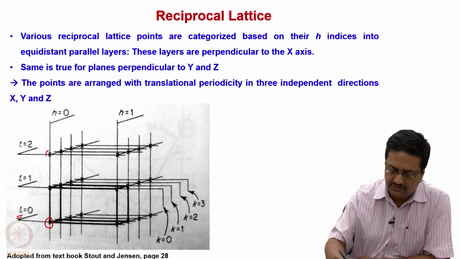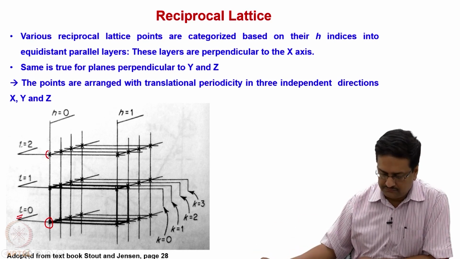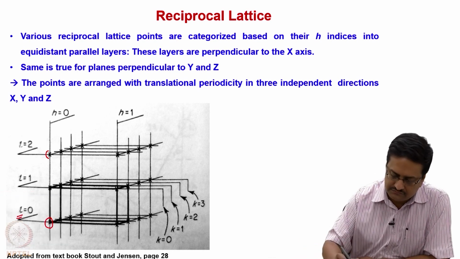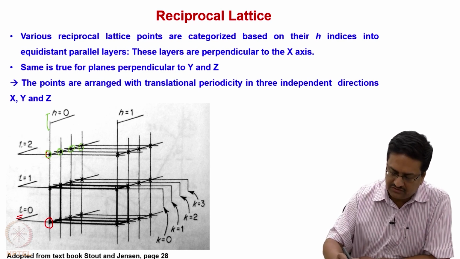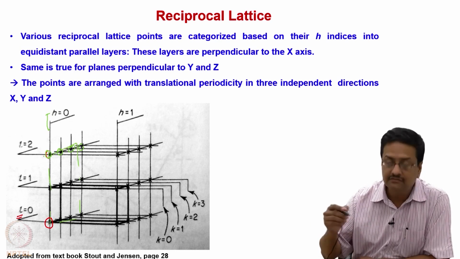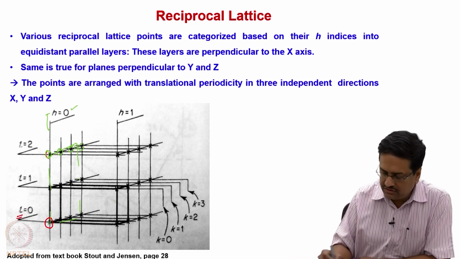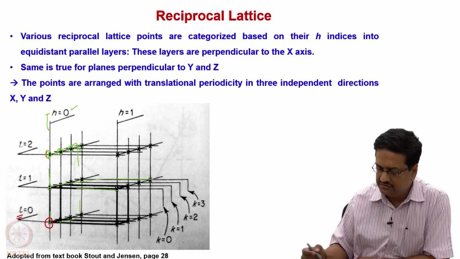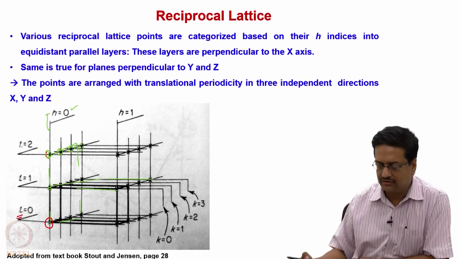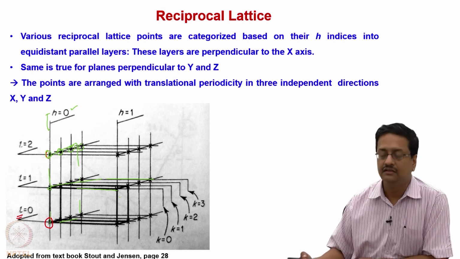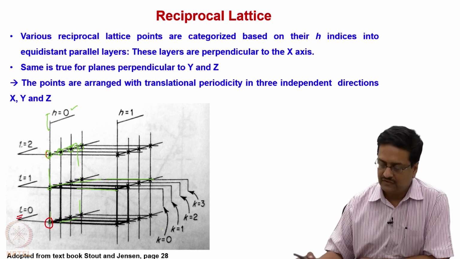The points falling on this plane, all those points correspond to H index 0, and similarly all the points which are falling in this region have the K index 0.